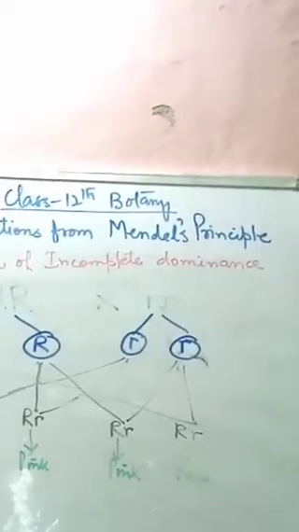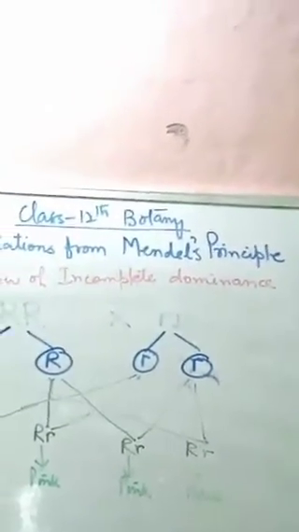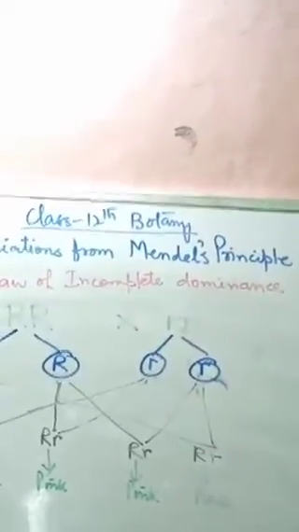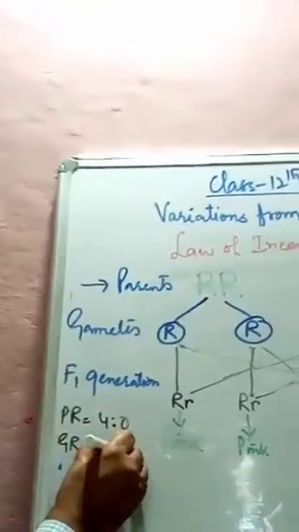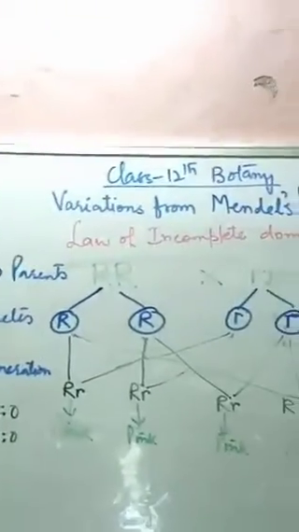Now when we see the phenotypic ratio, यहाँ पर हमारे पास phenotypic ratio है 4:0, and the genotypic ratio is also 4:0.